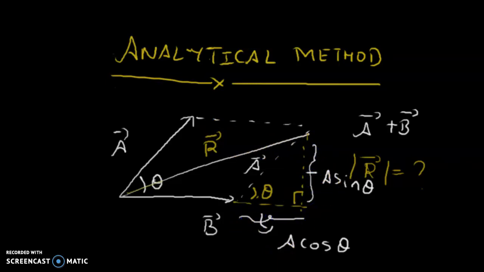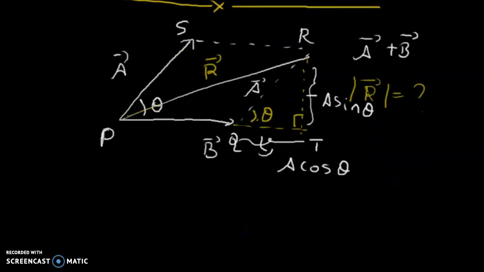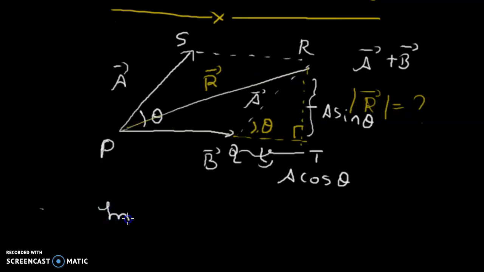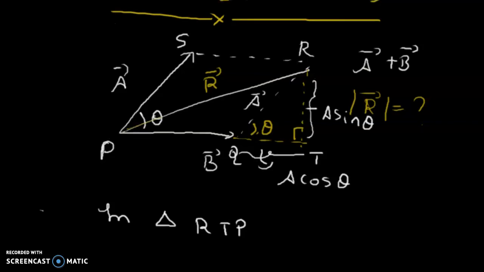Now see the whole triangle. Shall I name it? P, Q, R, S and T. In the right angle triangle RTP, you can see that I can apply the Pythagoras theorem.